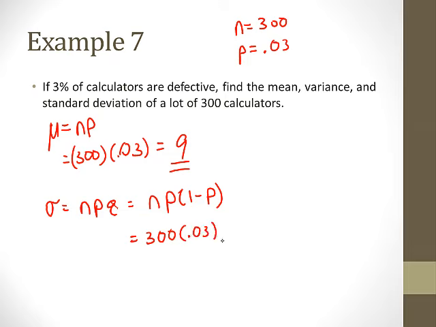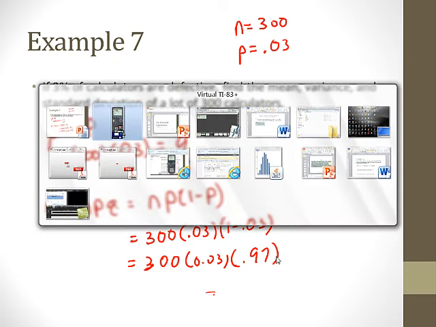I'll put that in there, but you can probably do that in your head. So 300 times 0.03 times 0.97. And this is where you need the calculator. Probably not one you can do in your head.